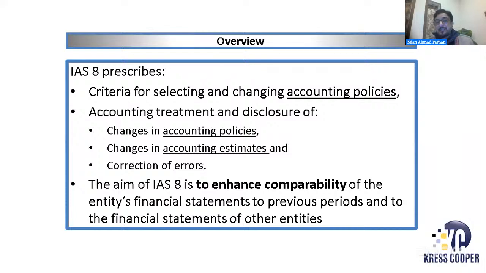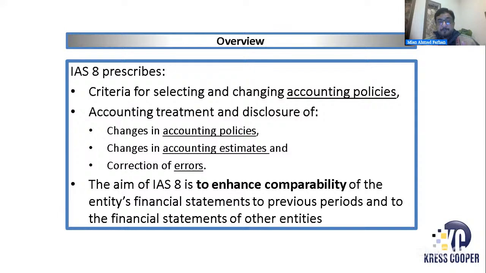These errors belong to the past year or years even. After knowing about these errors, the past years' financial statements are no more considered to be reliable. That's why the accounting is required for reflecting the change in the beginning balance of the earliest period presented. We will discuss it with certain numerical examples.